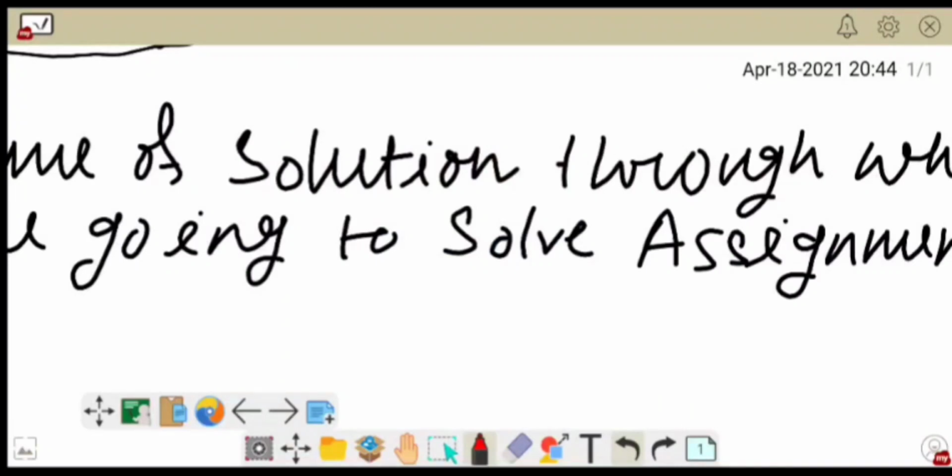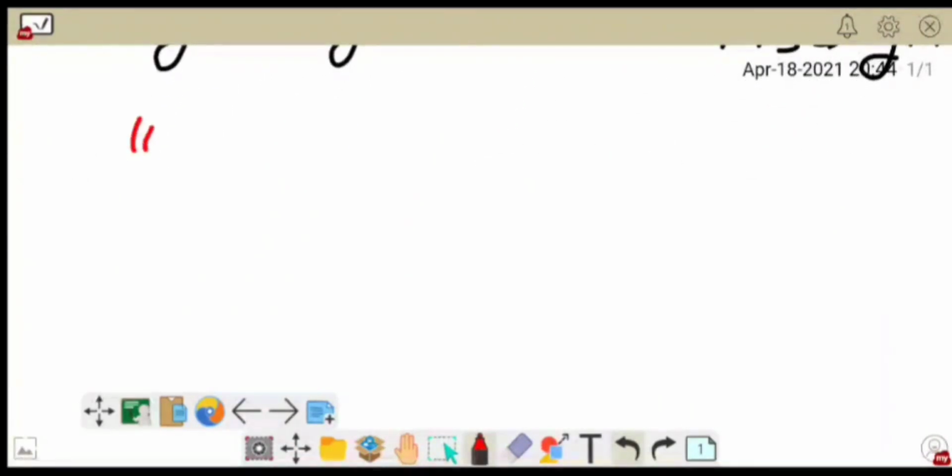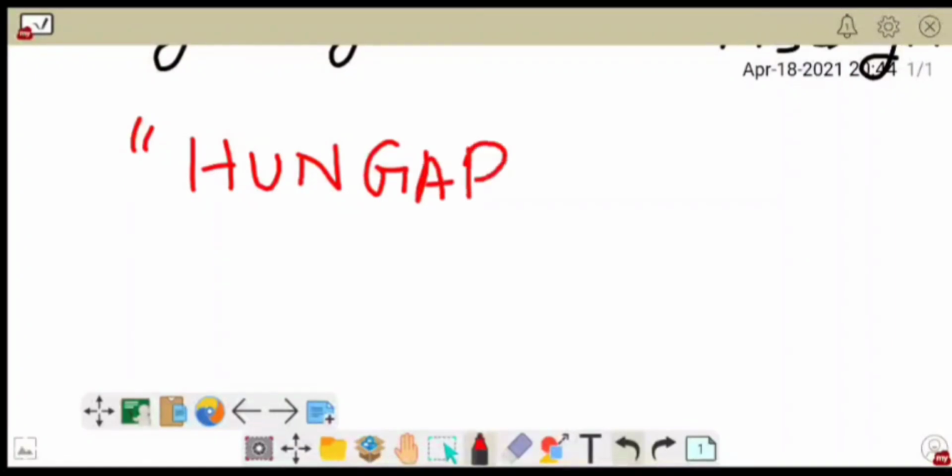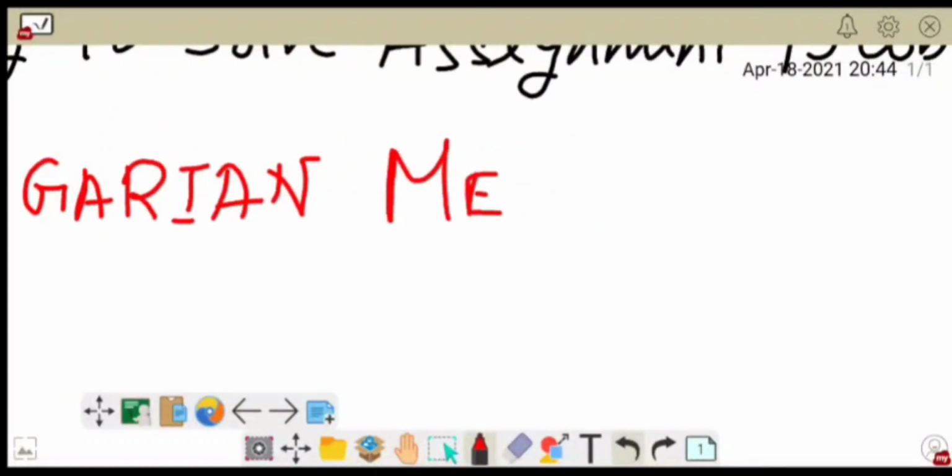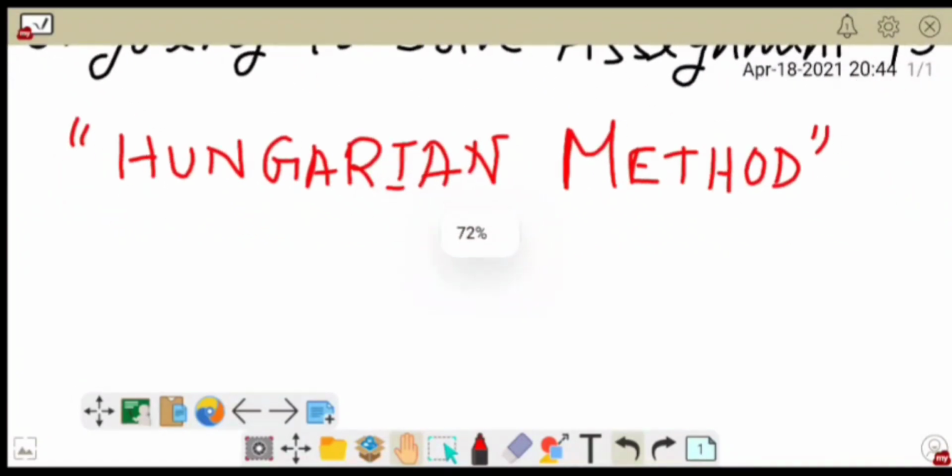The name of this method, write it down in inverted commas, is the Hungarian method. Its name is the Hungarian method.